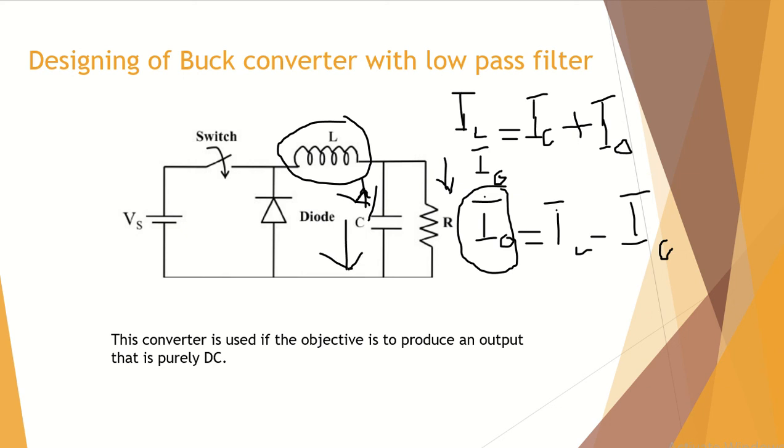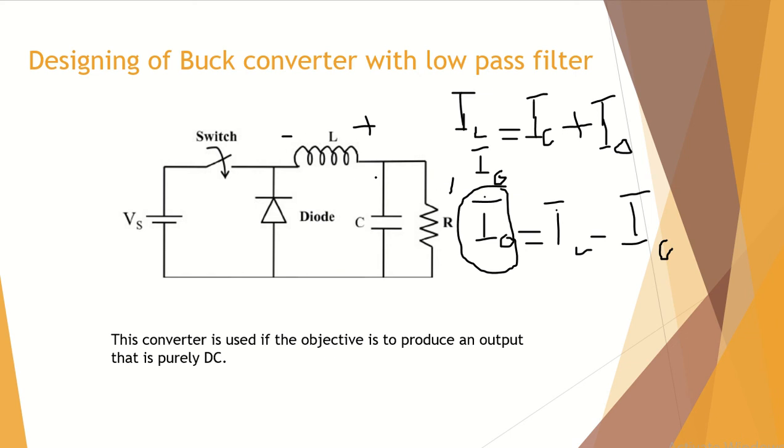Now what happens when the switch is open? One more thing. When the switch is closed, our polarity of the inductor is like this. After the switch is open, our polarity will become like this and the current will start to flow.